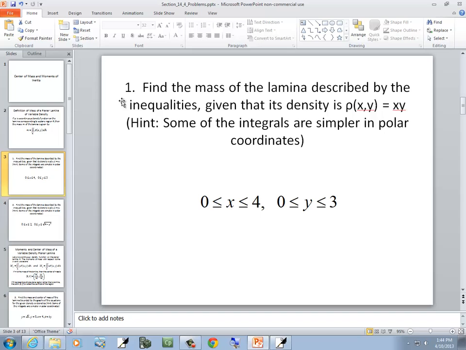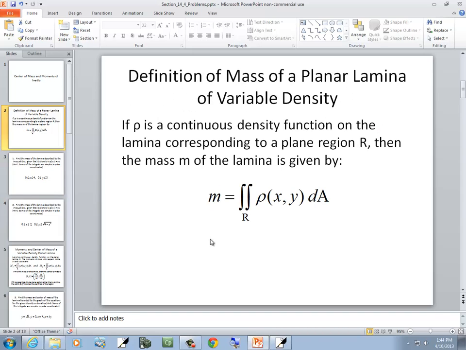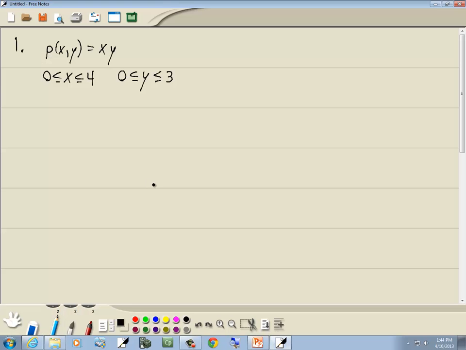Well, if we look at our formula, I need to set up our region of integration. Here's our x and here's our y. X is from 0 to 4, and y is 0 to 3, so we're looking at this right here.